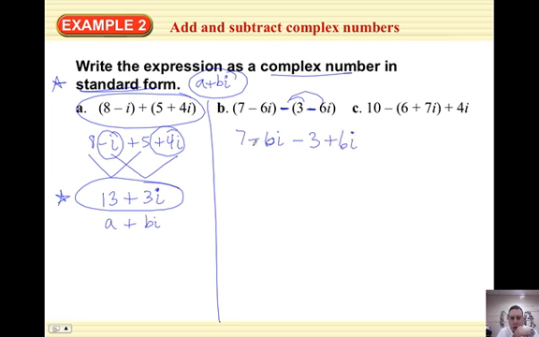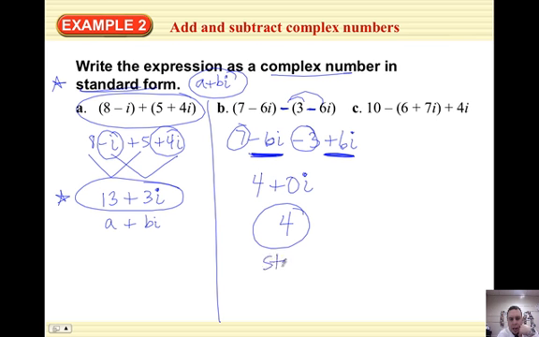Put it all together: 7 minus 3 makes 4, and -6i plus 6i makes 0i. But you don't actually have to write this. 0i means there's no imaginary part, which means the answer is 4. And yes, this is still in standard form, even though it's just a number. That just means the imaginary part is 0.